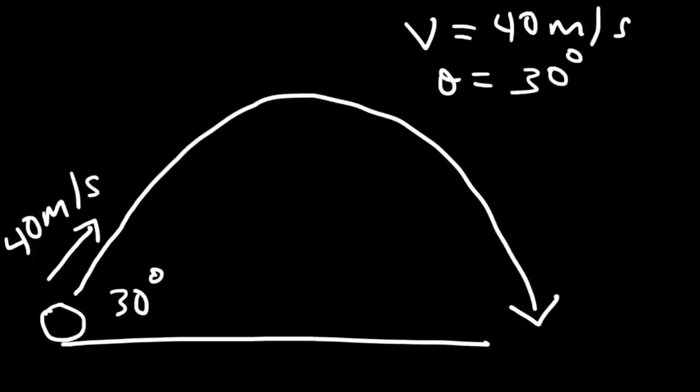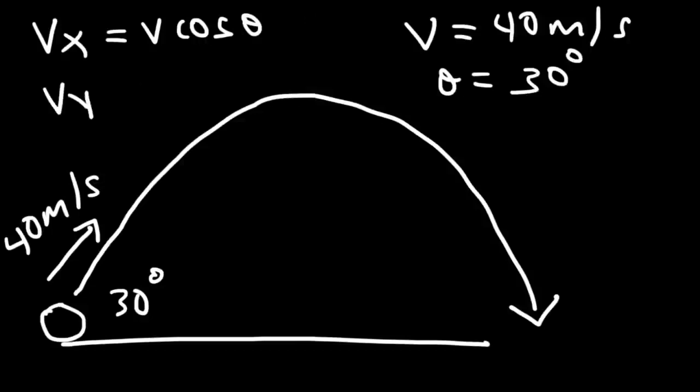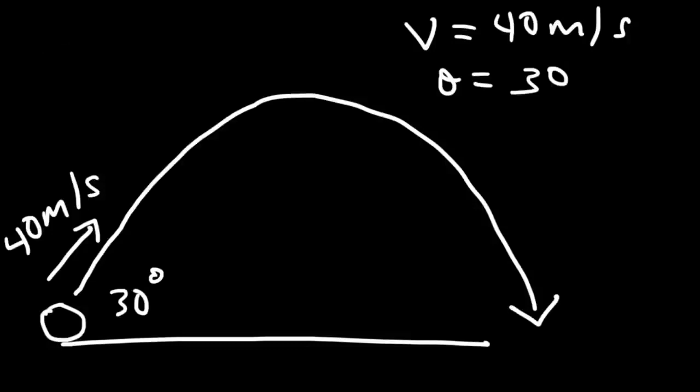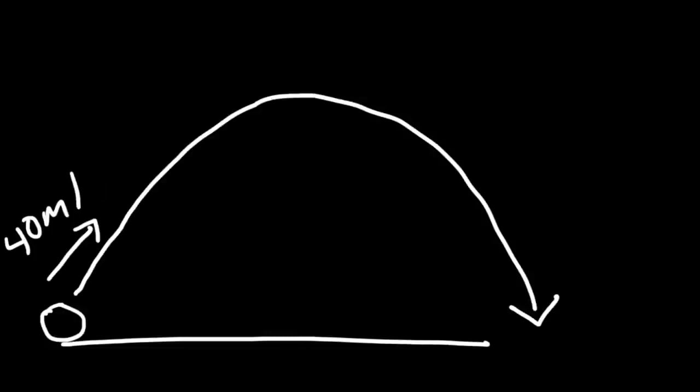Now what you need to do is find Vx and Vy. Vx is basically v cosine theta, and this is the initial value. Vy is v sine theta. For this problem, I'm going to give you Vx and Vy. We're going to choose some different values, but in a typical problem, when you're given v and theta, you can find Vx and Vy using those formulas.